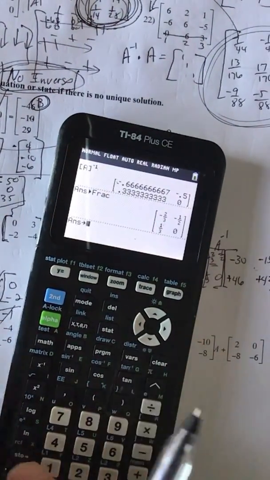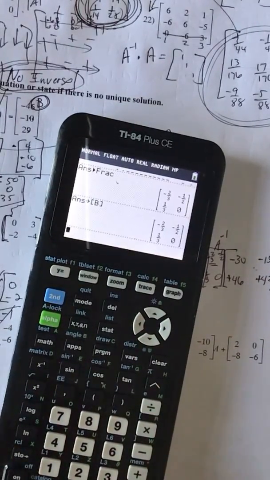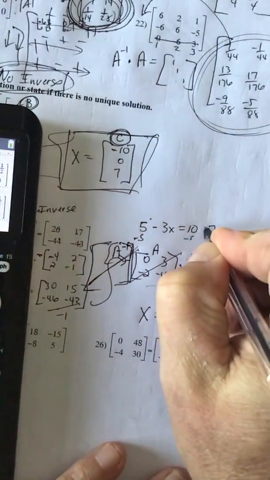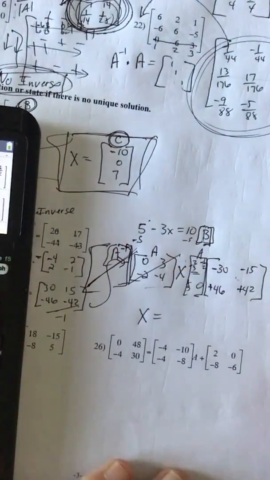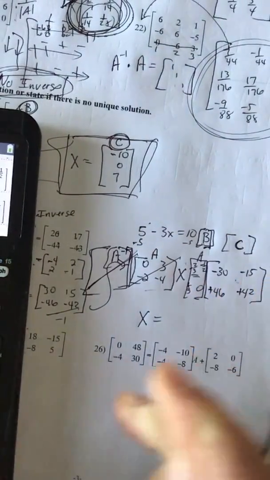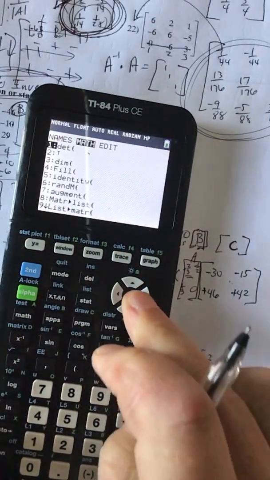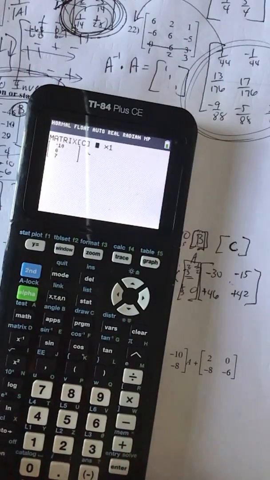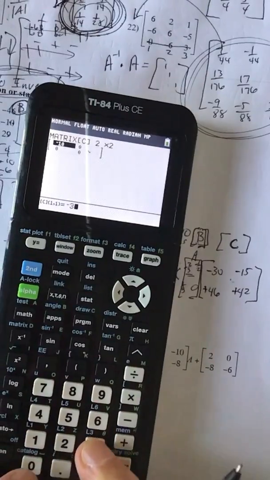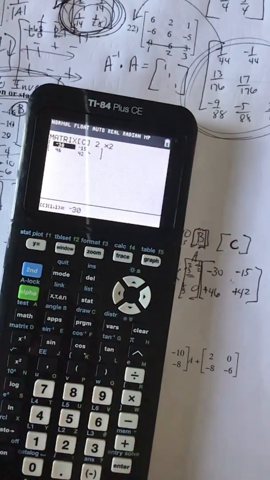Well, I'm going to store this one in B. Alpha matrix number 2, B. Okay, so I have this one in B. I'm going to store this one in C, and then I'll just do B times C. Okay, so second matrix, edit C. C is a 2 by 2, and the numbers are -30, -15, 46, and 42.